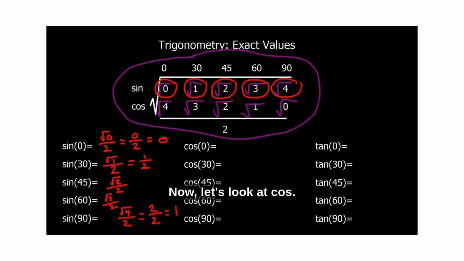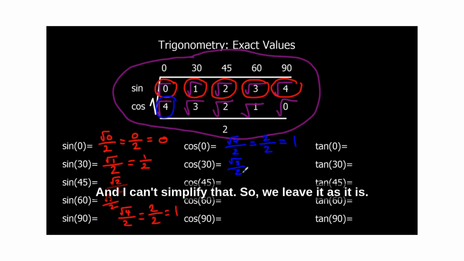Now let's look at cos. Cos 0, cos meets 0 here, root 4 over 2. Root 4 again, same as sine 90, is 2, so we've got 2 over 2, which is 1. Cos 30, root 3 over 2, and I can't simplify that, so we leave it as it is.